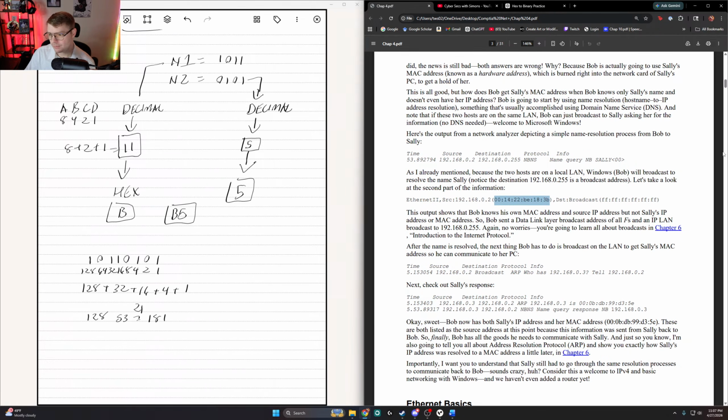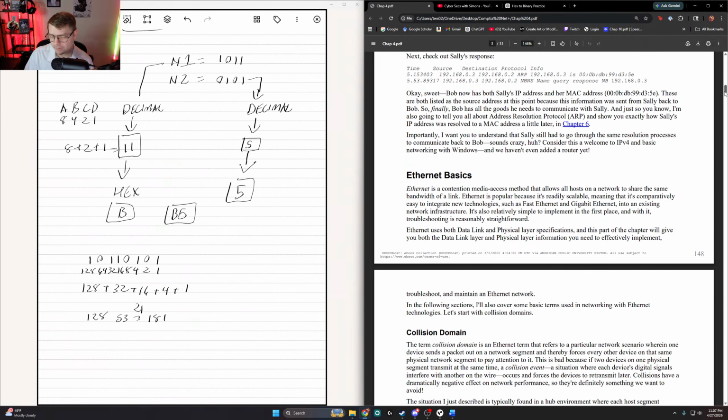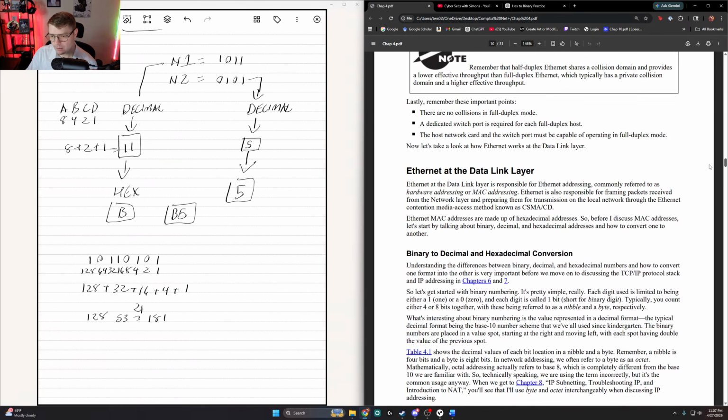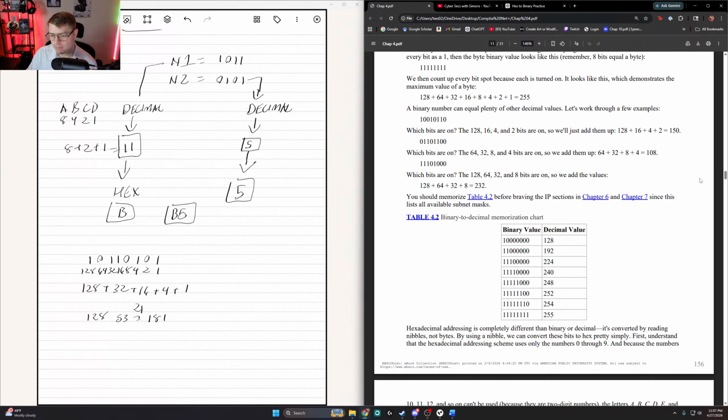A nibble is what we use to identify a hexadecimal value. If we think about a byte, which has 8 total bits, a nibble is exactly half of that. It's half of a byte. And we can take a byte and use it to represent 2 hexadecimal numbers by converting them into nibbles.